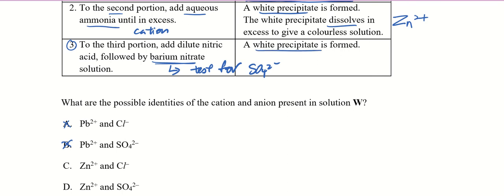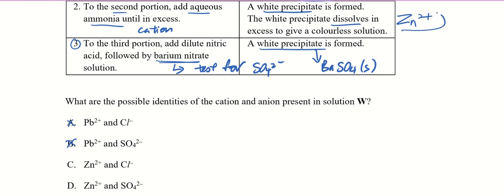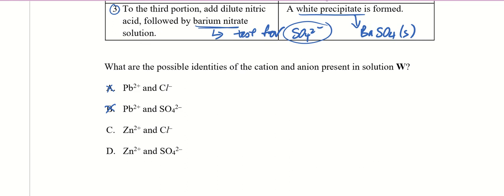When we get a white precipitate of barium sulfate. Remember, all sulfates are soluble except calcium, lead, and barium. So barium sulfate is insoluble, which means we have the zinc ion and we have the sulfate ion, which means the answer is D.